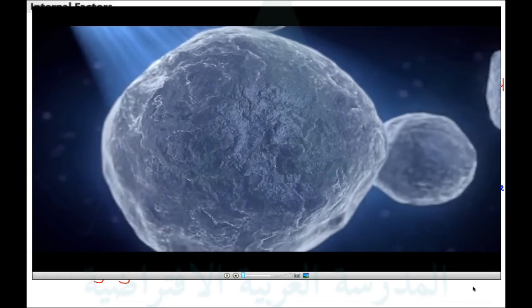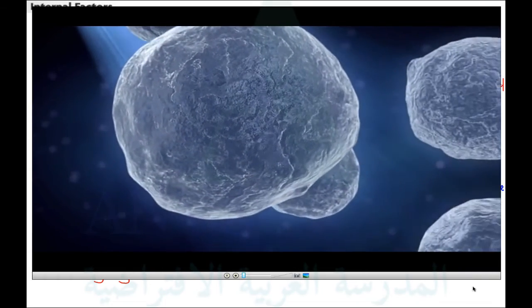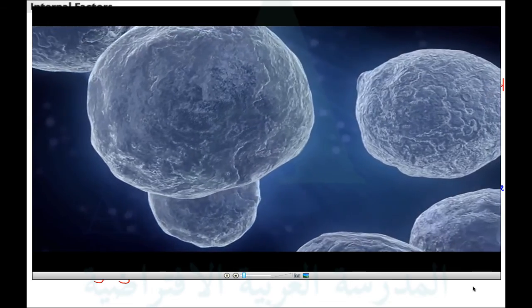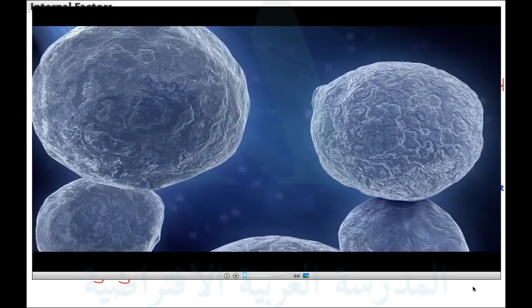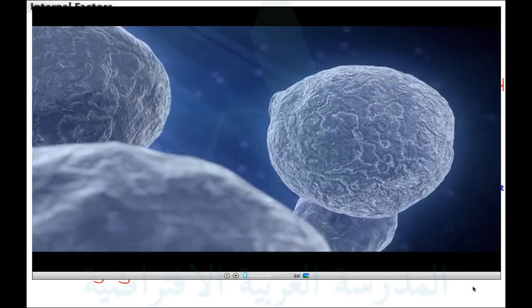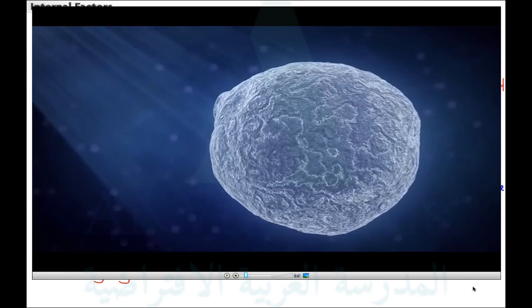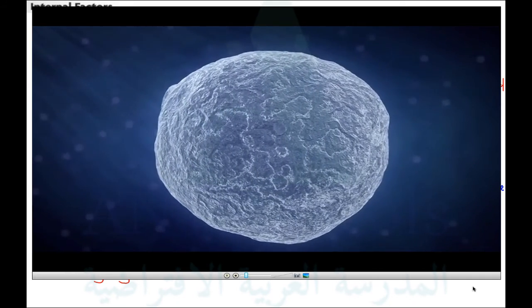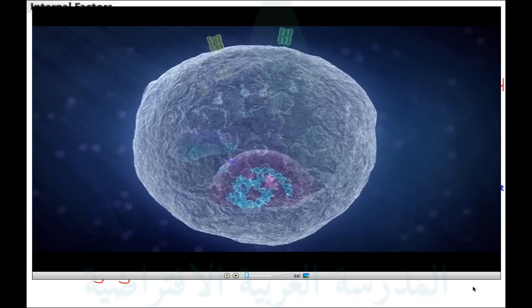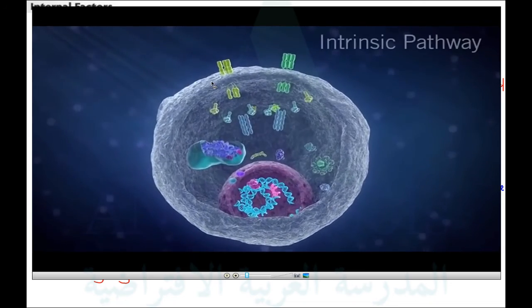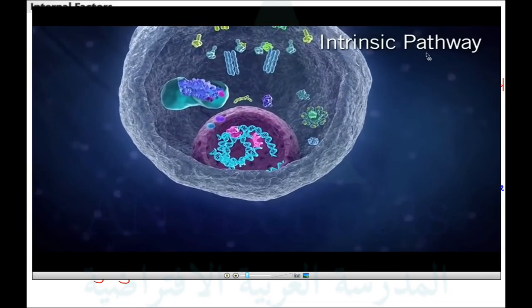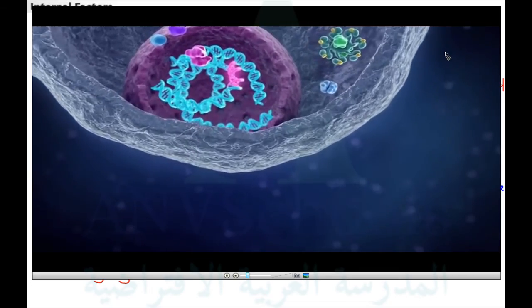Apoptosis is controlled by internal and external factors, just like the ones that control other cell growth. We have intrinsic pathways, which are inside.